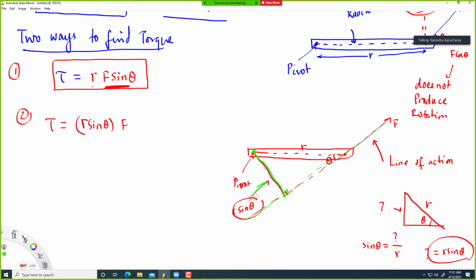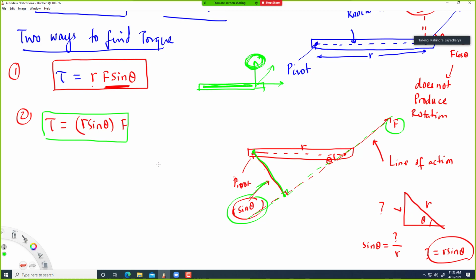So that distance times the force gives you the torque. Okay, that's the second way. First way, you have this force, divide this force into y component and x component, and then multiply this y component of force by that distance.